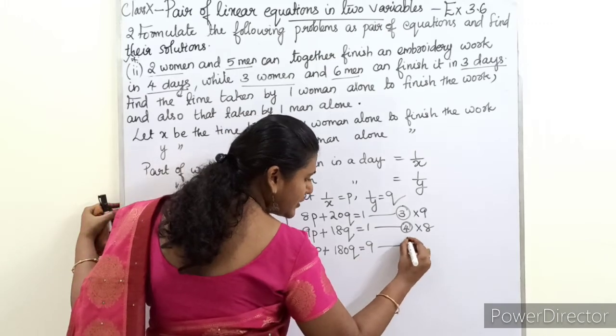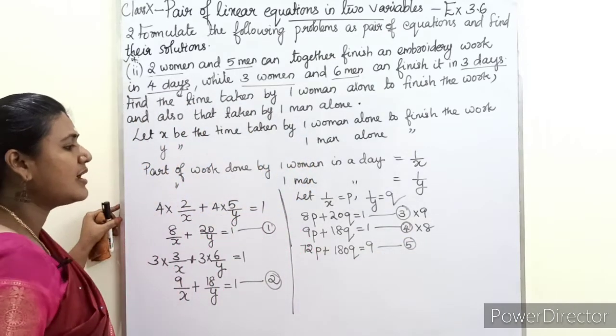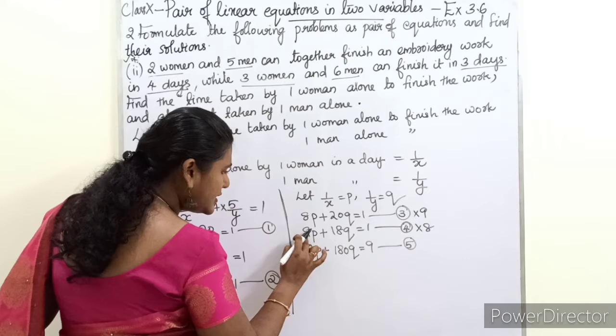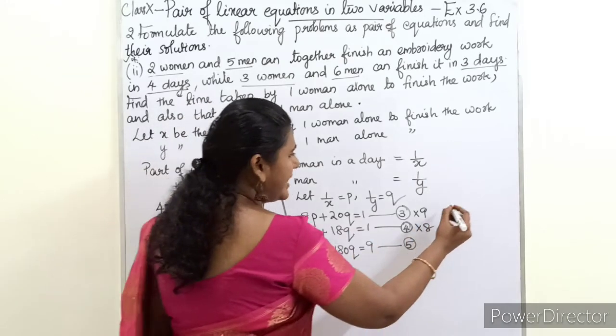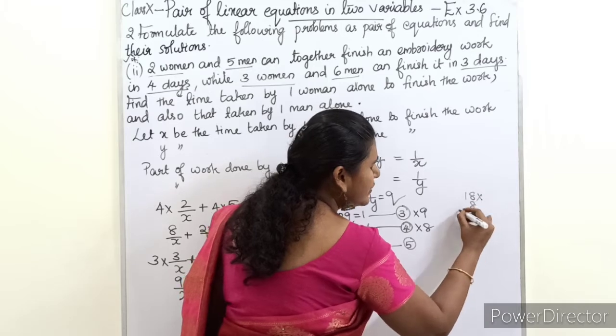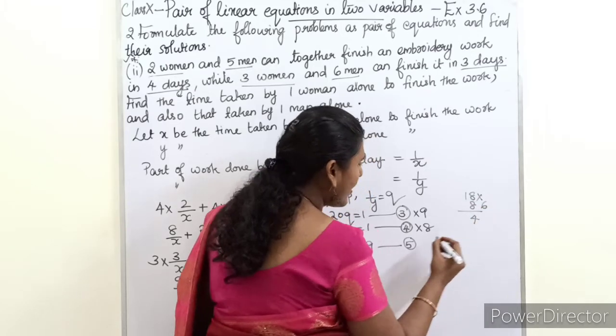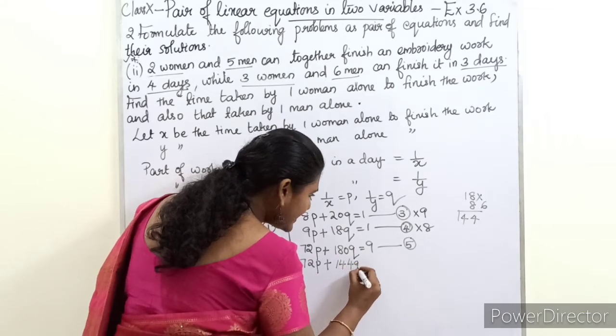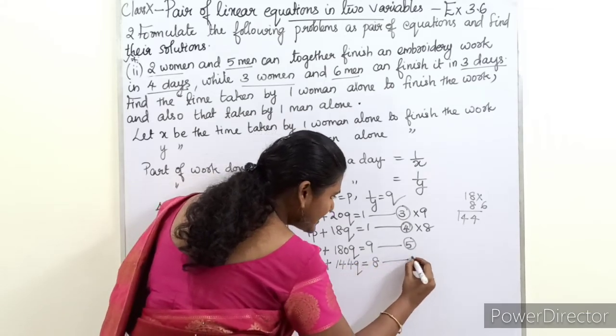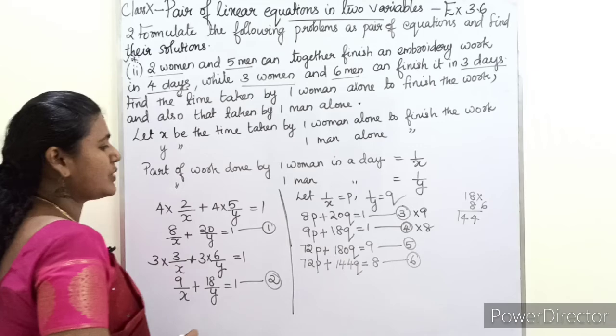This is the fifth equation. And again, 8 into 9 is 72p plus 8 into 18, that is 144q, is equal to 8. This is the sixth equation.